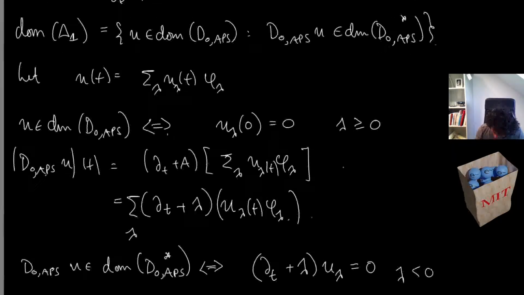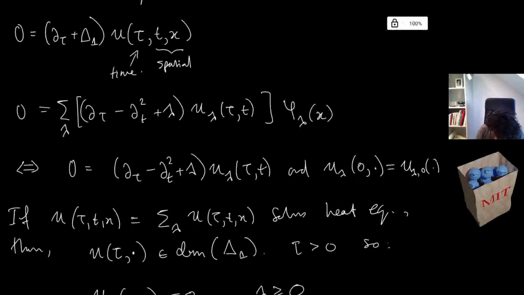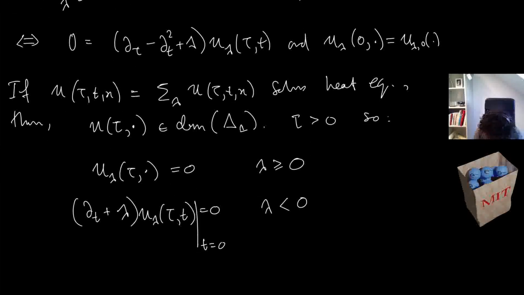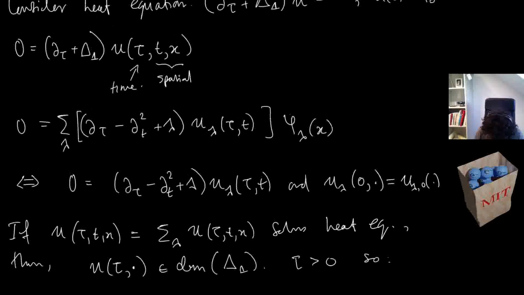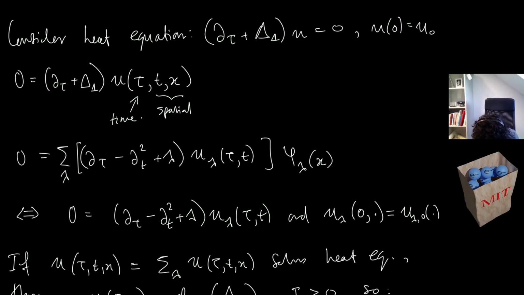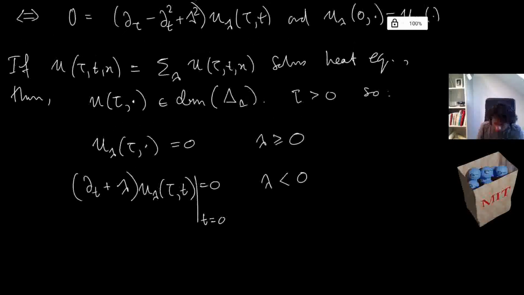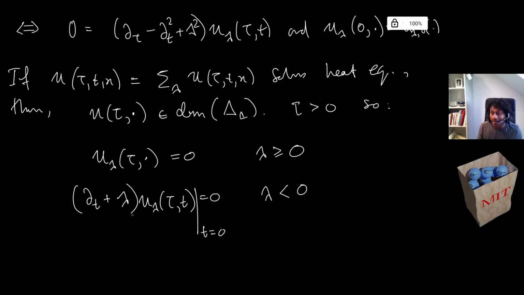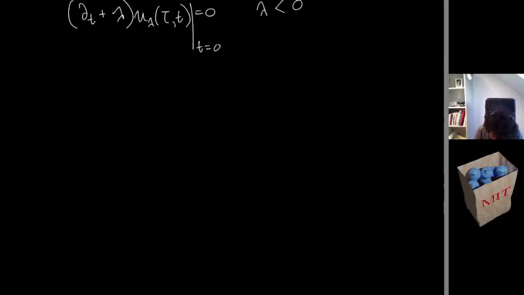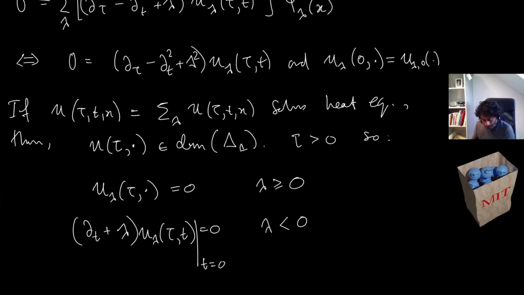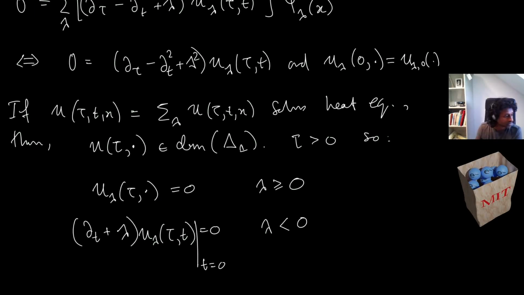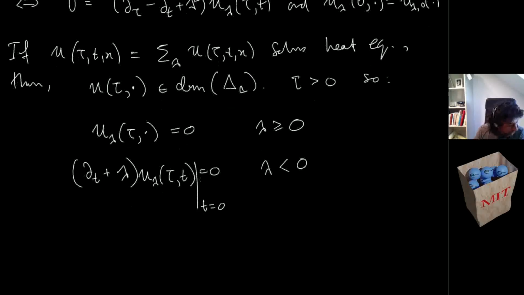You're right. That should be lambda squared, sorry. Thank you. Thanks for pointing that out. There's a slight error here. So where is it? It's here. Yes, that's a lambda squared. That's completely true. But for the boundary condition here, it's just a lambda. Okay, good. Thanks for that. Yes, that's a bit of an error. Okay.